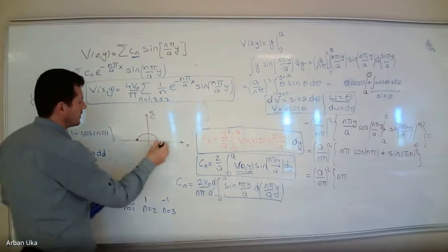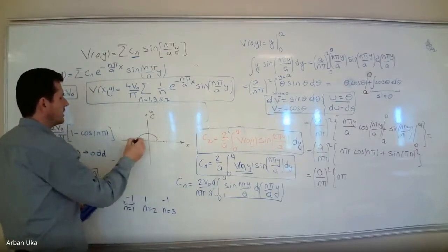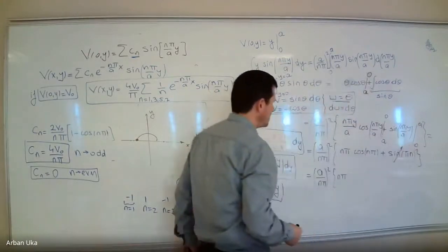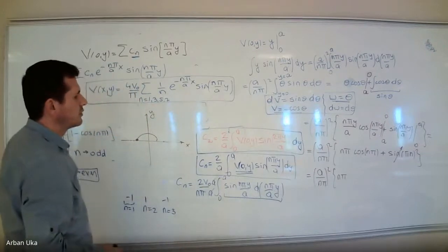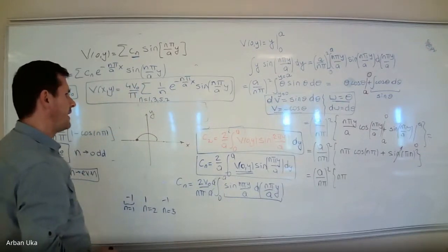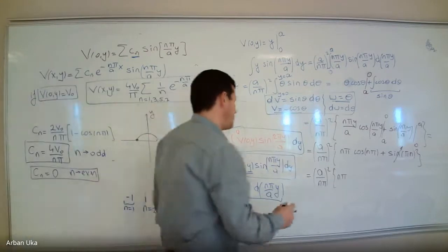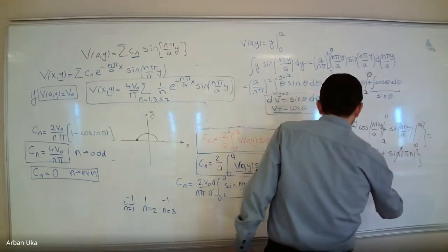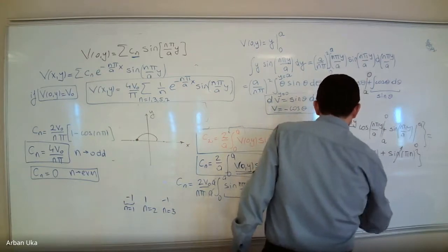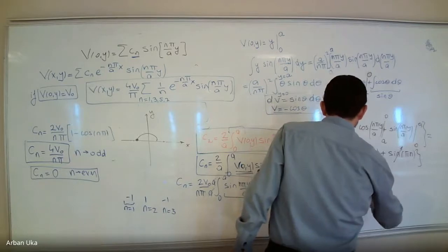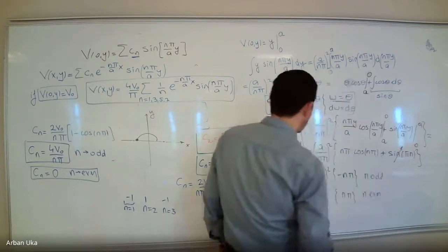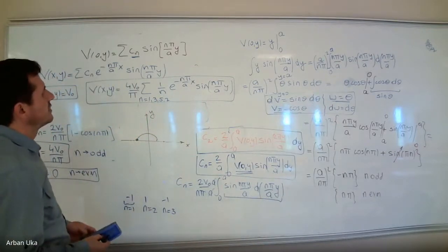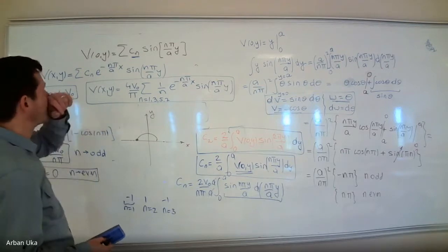It's going to be pi, 2 pi, 3 pi, 4 pi, 6 pi, and so on, but it will always be equal to 0. So this term cancels out. Only that we're going to have minus n pi when n is odd, or plus n pi when n is even. Okay, this is interesting. So we found the integrand, which is shown over there.